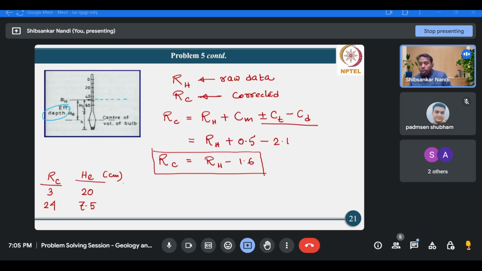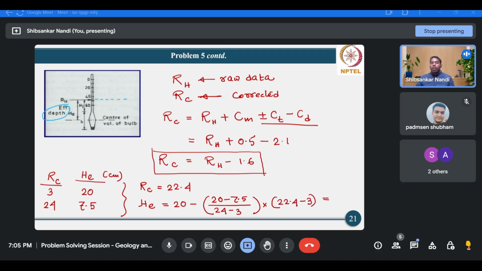So first of all, this RC equals 22.4. This effective depth would be 20 minus 7.5, this is the gradient. Since we are linearly interpolating the data, 24 minus 3, into 22.4 minus 3.